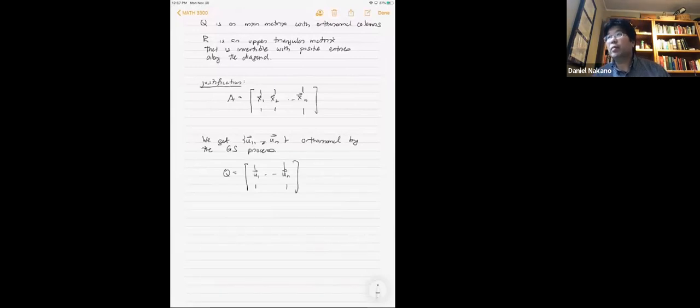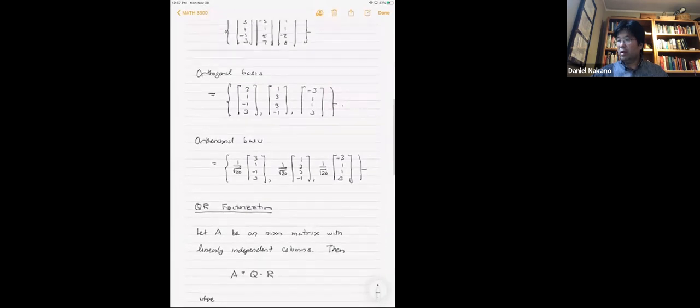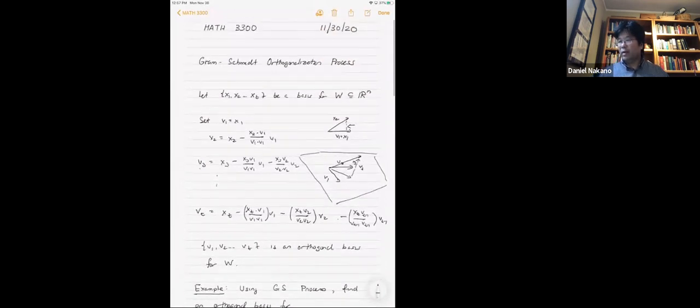Now, what's the relationship with the x's and the u's? Well, we know that the span of x1, x2 up to xk is equal to the span of u1 up to uk. Okay, so if you look at the Gram-Schmidt process, at each stage, let's say I'm looking at just v3, then I'm only using v1 and v2 there. So the span of v1, v2, and v3 is the same as the span of x1, x2, and x3.